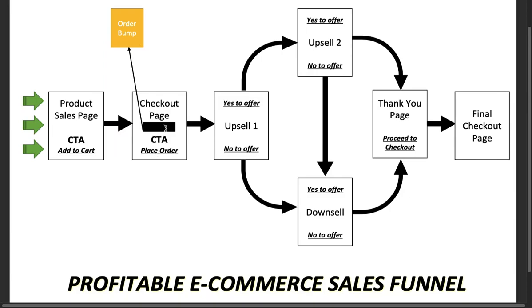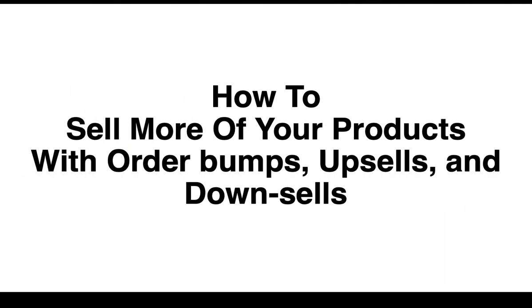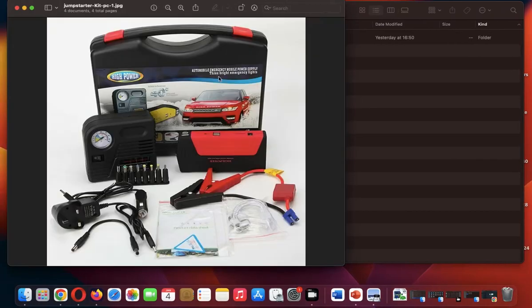Now for the upsell, I'll be using this product here, which I call a jump start kit. This product helps you to jumpstart your vehicle. That's if your battery is dead, you can actually use this particular kit to bring your battery back to life, at least to start your vehicle and charge your battery.